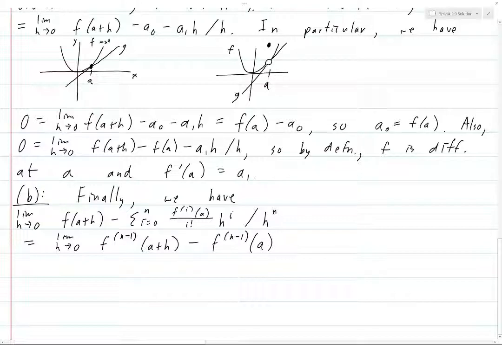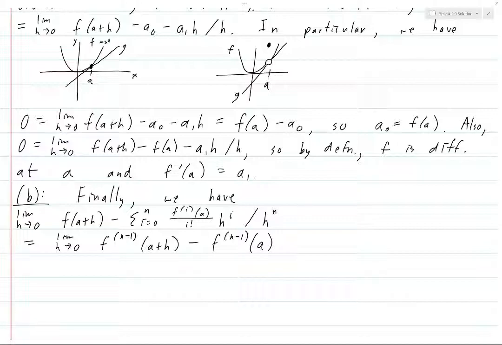And so that's the n minus 1 term. For the n term, we will have the nth derivative of f at a over n factorial, and then we'll take n minus 1 derivatives of h to the power of n. And that's going to give us n factorial.